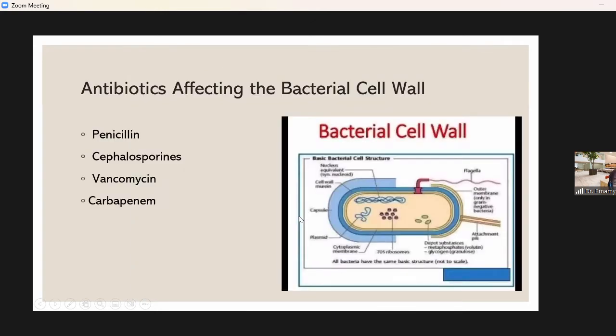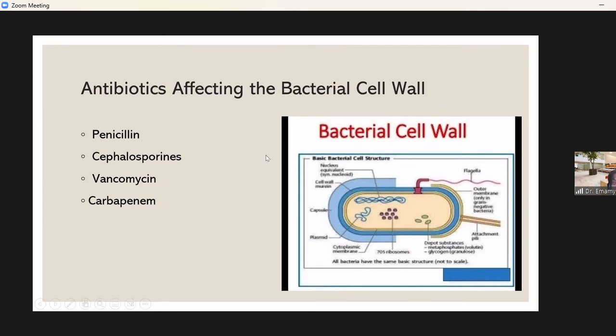Sometimes you get a mixture of questions. For example, which antibiotic that inhibits formation of bacterial cell wall can be a treatment for Clostridium difficile, C. diff? You will know that two antibiotics can help for treatment of Clostridium difficile, vancomycin and metronidazole.